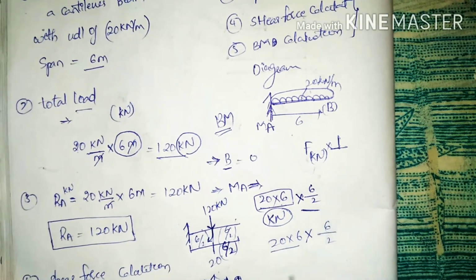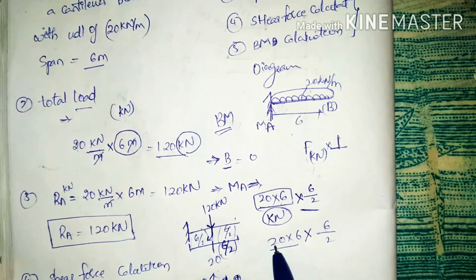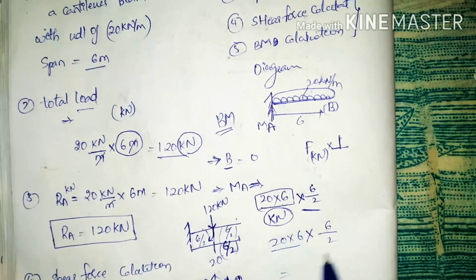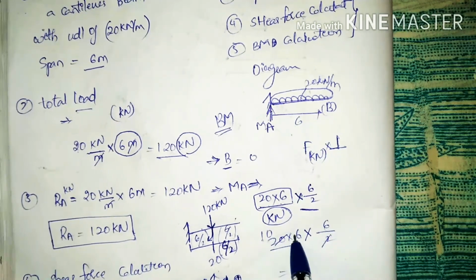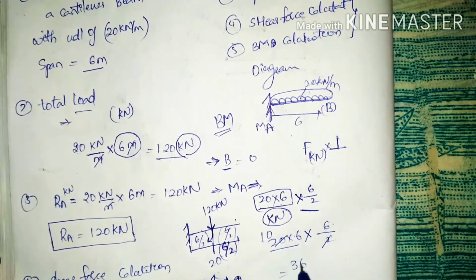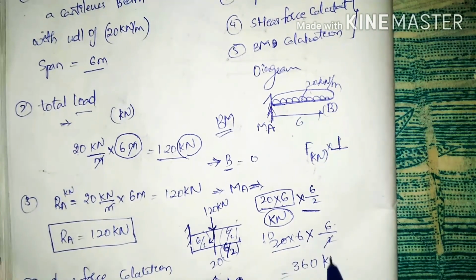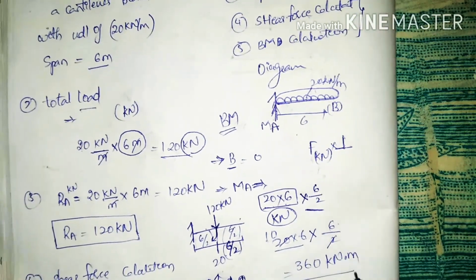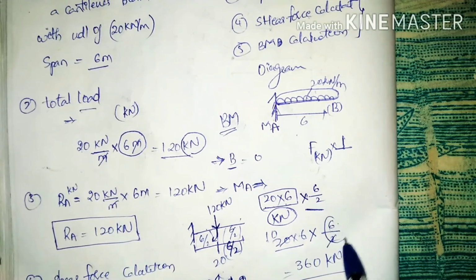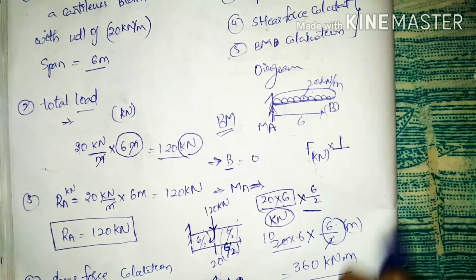that is 6 by 2. That is equal to 20 into 6, or you can say 10 sixes are 60, 6 sixes are 360 kilonewton into meter, because this is in meters, because it is half of the span.